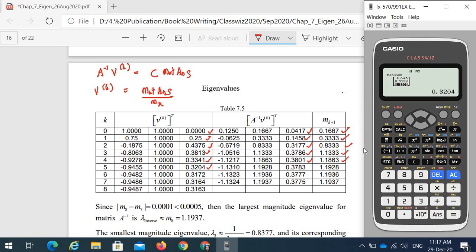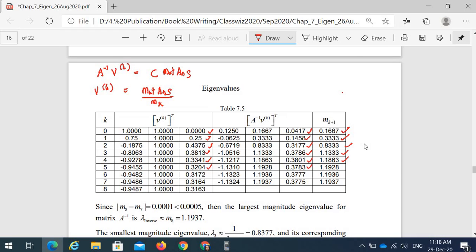To get the A inverse Vk, take C multiply max answer. So options, C multiply options. Click your max answer. So you get negative 1.1310, 1928, 3783. So the M k plus 1 is the largest magnitude here.